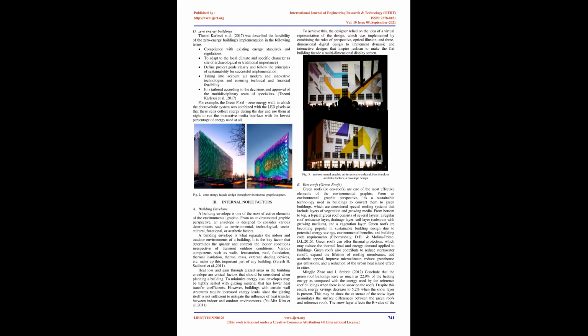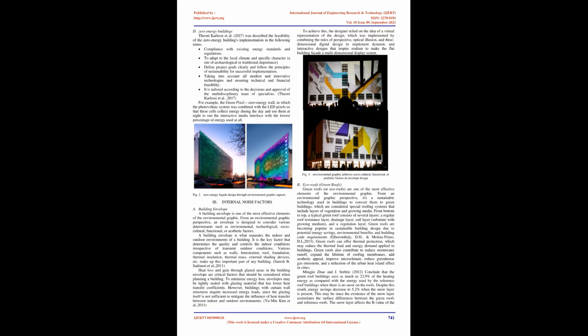From an environmental graphic perspective, making full use of solar energy in environmental graphic design items, external envelope, windows, and shading areas, is a feasible way to reduce building internal noise factors. Building envelope. A building envelope is one of the most effective elements of the environmental graphic.